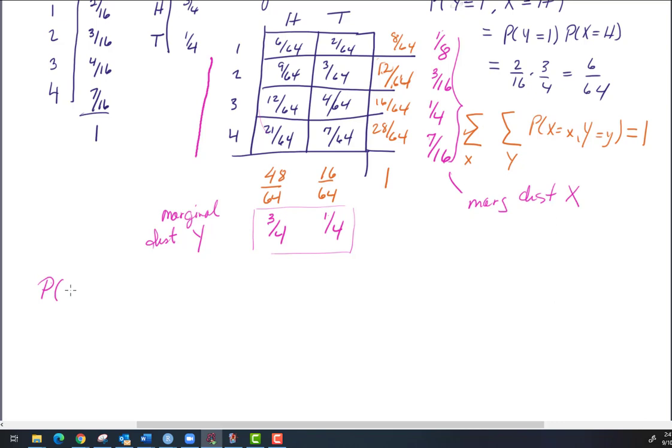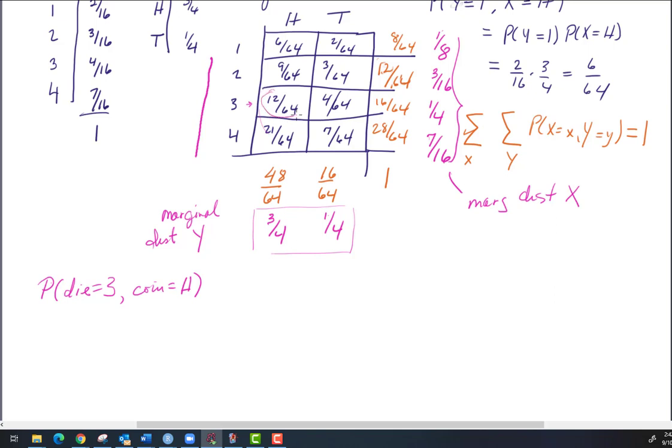If we were asked to find the probability of something like die equal 3, coin equal heads, we can use the table by finding where the die equals 3, right here, and where the coin equals heads, down here.